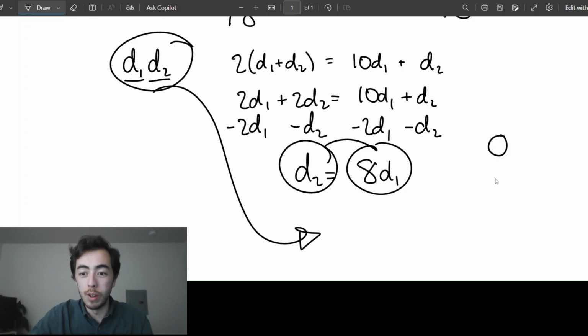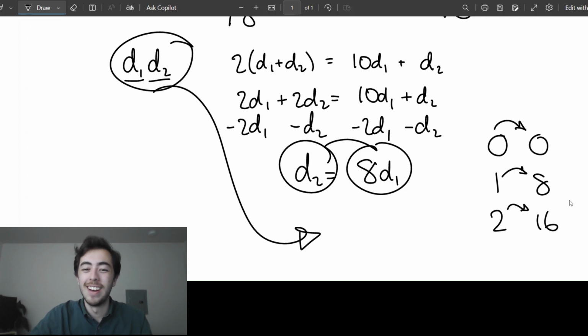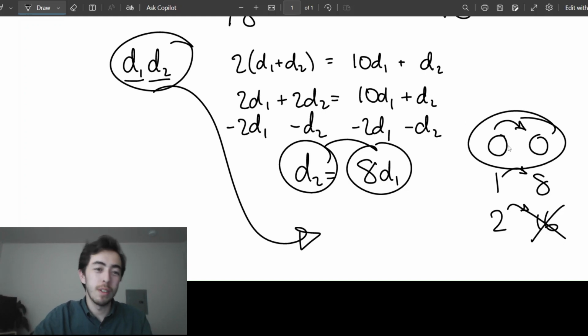We could make D1 0, 1, or 2, and using this rule, D2 needs to be 8 times D1. So we would get 0, 8, and then 16. And 16 isn't a valid digit, and if we try the number 0, that is not a positive integer.